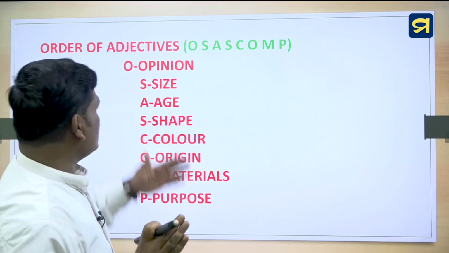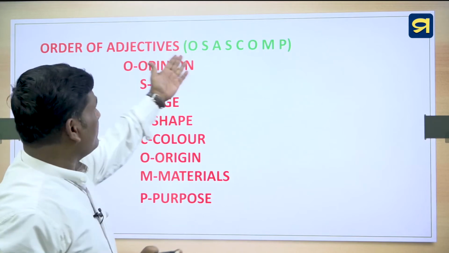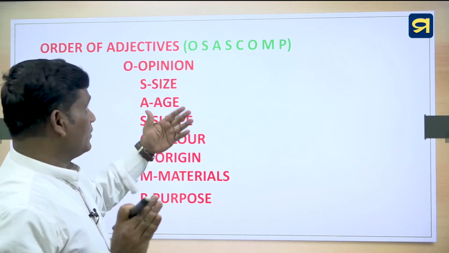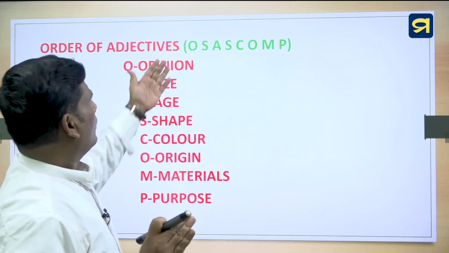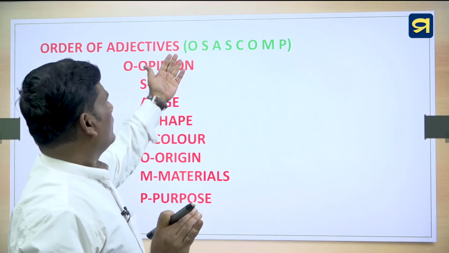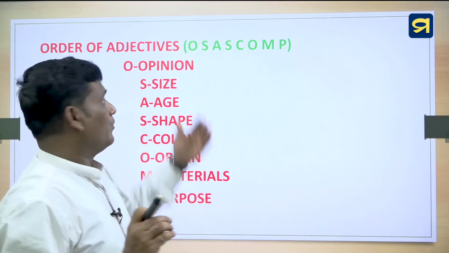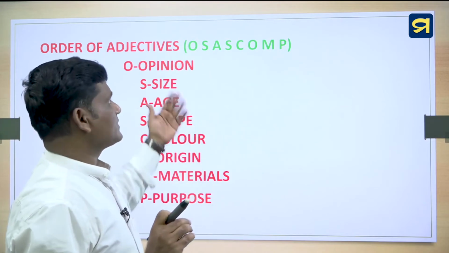The discussions that we have covered till now, we can remember all these categories in a short form. OSASCOMP. Alphabetically we can remember it. O, opinion. S for size.